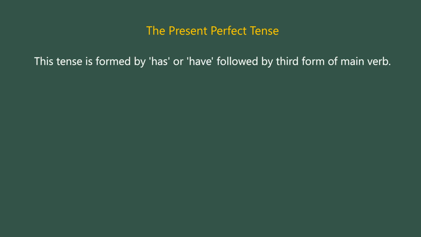The present perfect tense. This tense is formed by has or have, followed by the third form of the main verb, like, I have done dinner. He has learnt guitar. There are some rules that are to be learned. Rule 1.